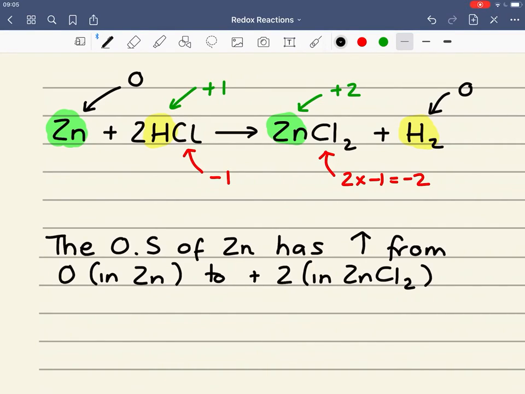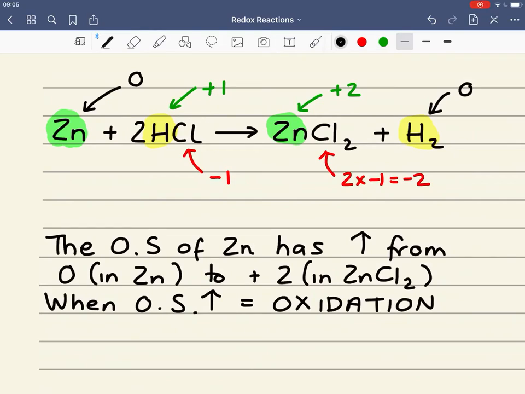So the oxidation state has increased. And when oxidation state increases, that means you have an oxidation. So the zinc is the atom being oxidised. The zinc's oxidised to zinc chloride.